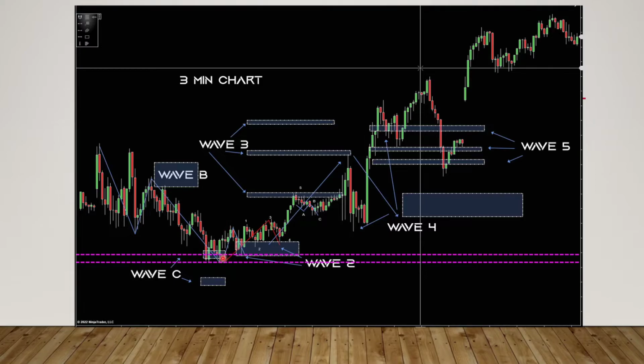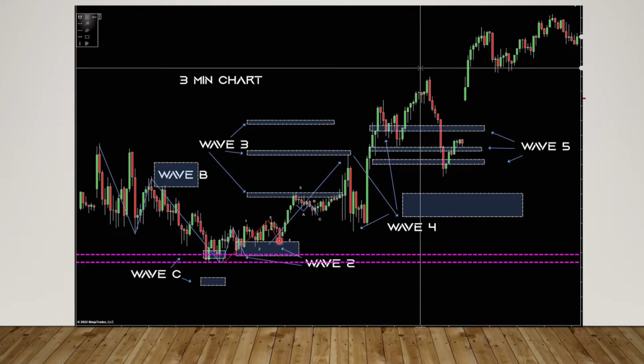So is this one here the blue line, or is this one? So it's a lot easier to do a correction here, a retracement of 61 or 76.6, and then look for a wave 3.